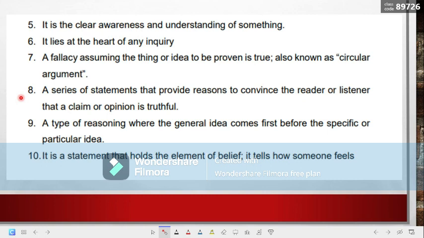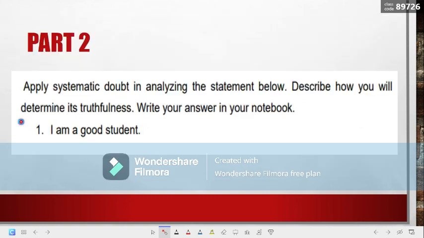Number 8, a series of statements that provide reasons to convince the reader or listener that a claim or opinion is truthful. Number 9, a type of reasoning where the general idea comes first before the specific or particular idea. Number 10, it is a statement that holds the element of belief. It tells how someone feels.